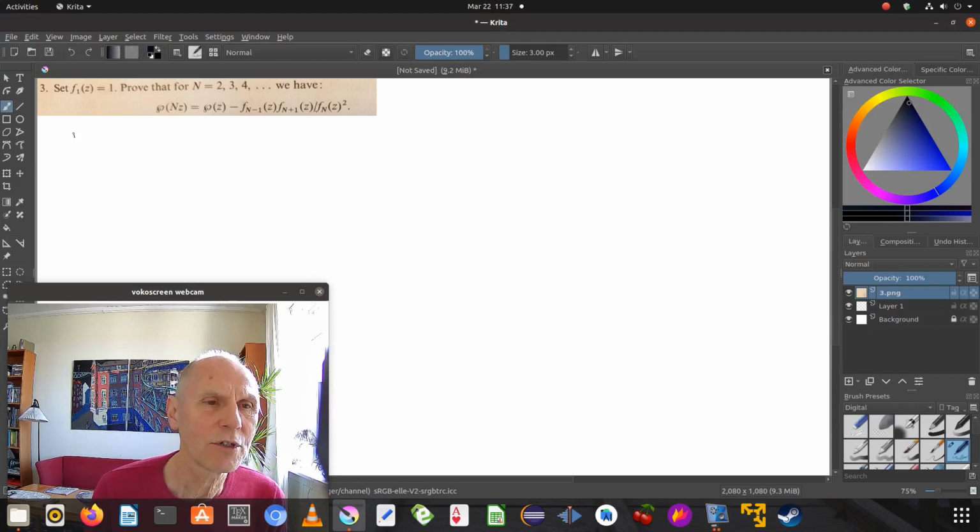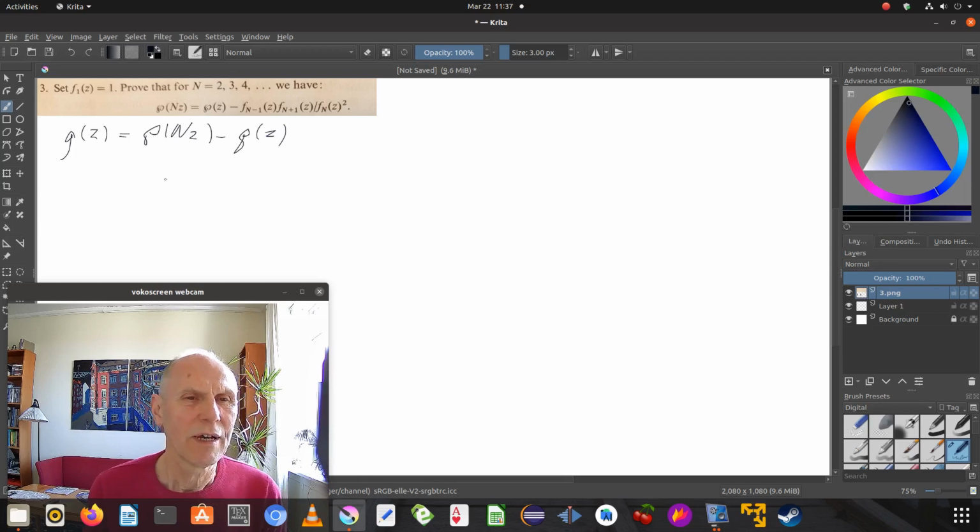So another idea is to look at the function and then see where the poles and the zeros are.